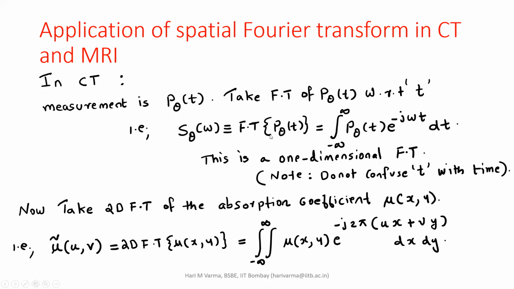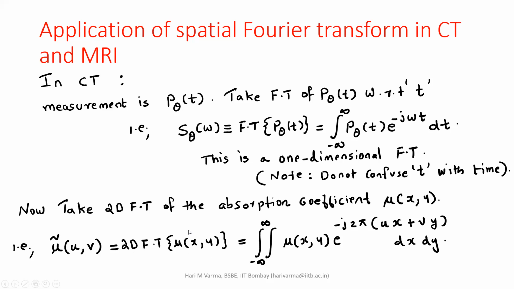If you take the Fourier transform, then one can see that this Fourier transform is in fact related to the 2D Fourier transform of the absorption coefficient. Now, what is the absorption coefficient? It's a tissue property. It's a function of both x and y for a 2D slice of the object, as I have already told you. It can be 3D as well, but we are considering only a 2D slice.